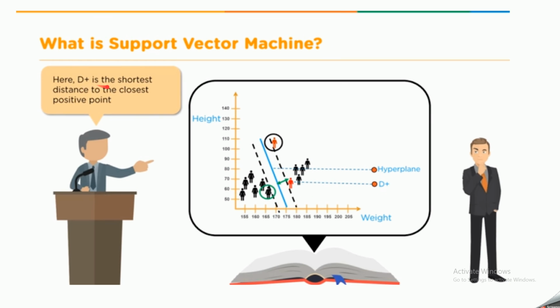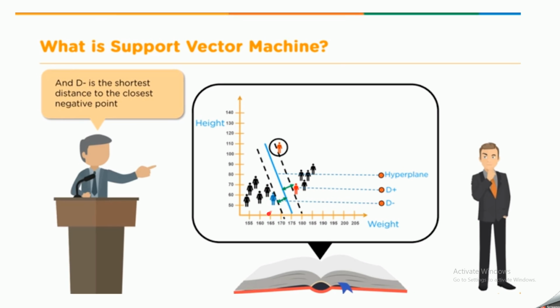So D plus is the shortest distance to the closest positive point, which is towards the male side, whereas D minus is the shortest distance to the closest negative point.